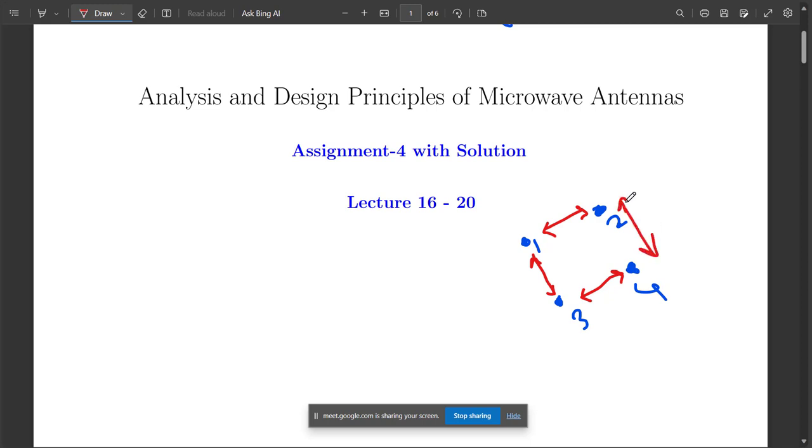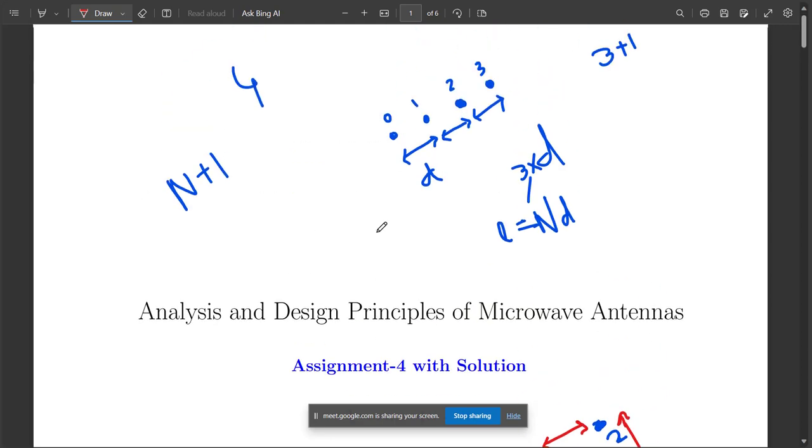So if elements are arranged in a linear way and the total number of elements is 4, then the space between them will be 3. So the total length of the array will be 3D.